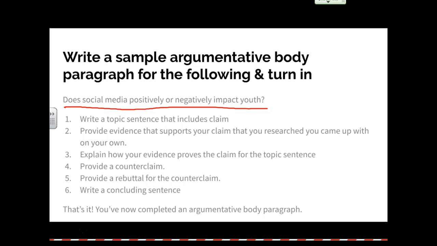So, you're going to write a topic sentence that includes a claim. So, social media positively impacts youth because it brings together more groups of people in one place. Or social media negatively impacts youth because it creates unrealistic stereotypes.